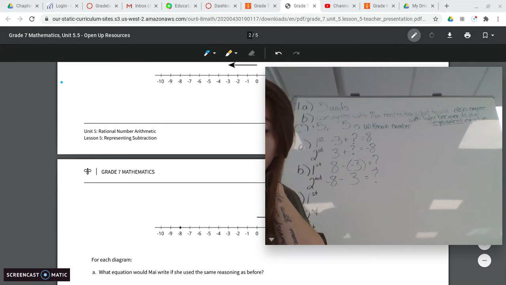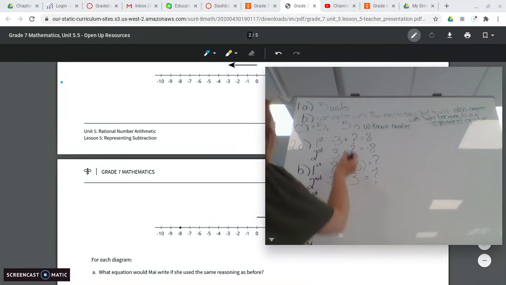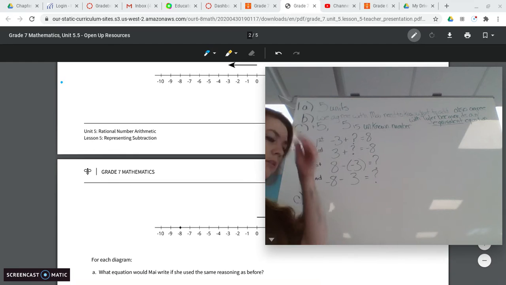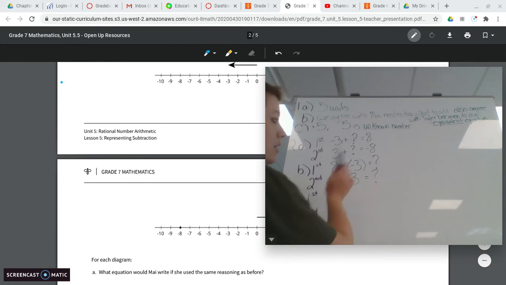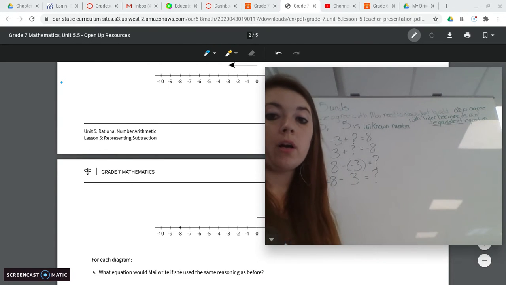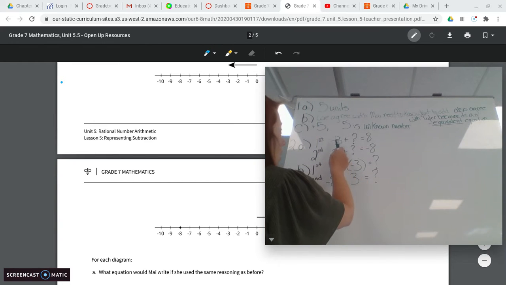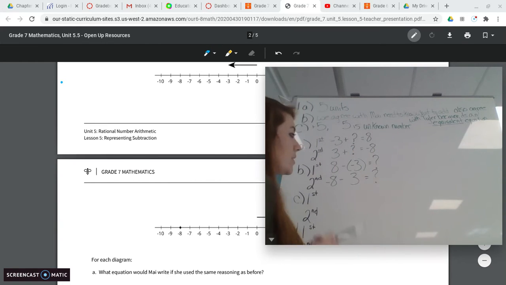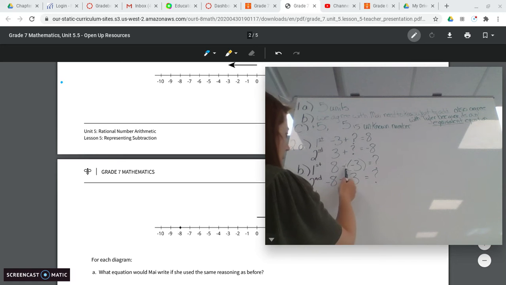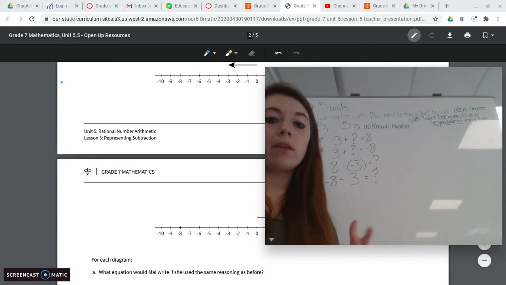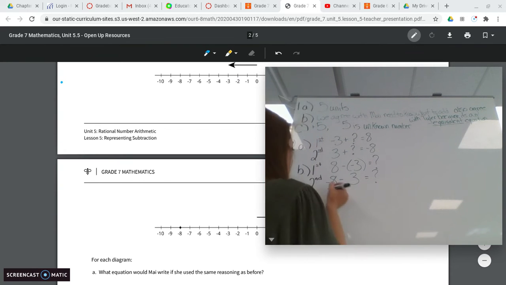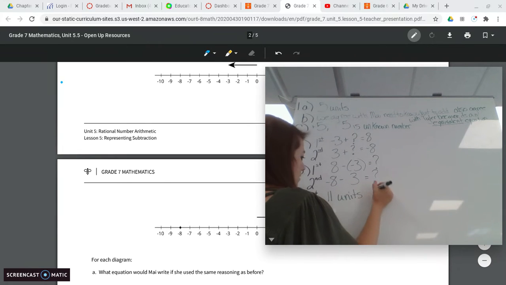So for C, how long should the other arrow be? If we look at Mai's equation or at Tyler's, depending on which one you prefer for solving these, negative 3 plus what is going to give us 8? Or 8 minus negative 3 is what value? Well, it's 11. So 11 units long.